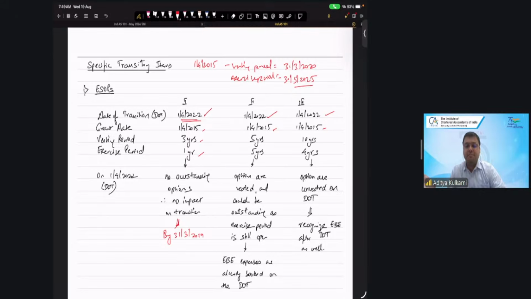When is the vesting period ending? 2019-20. Absolutely. So 15-16, 16-17, 17-18, 18-19, 19-20. In 19-20, your vesting is over. After that, you have 5 years to exercise. So when is the exercise period ending?